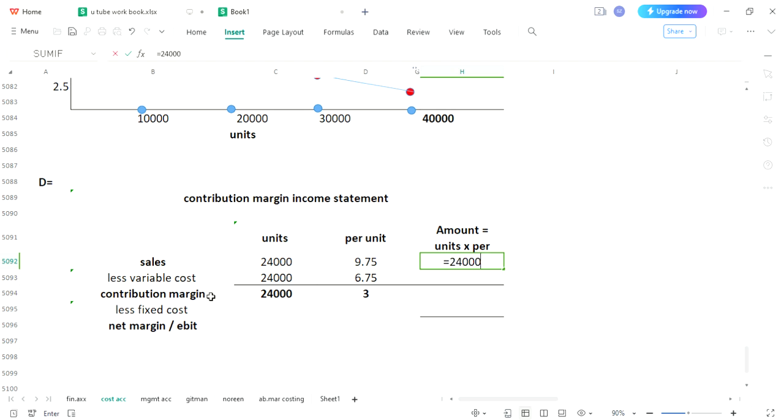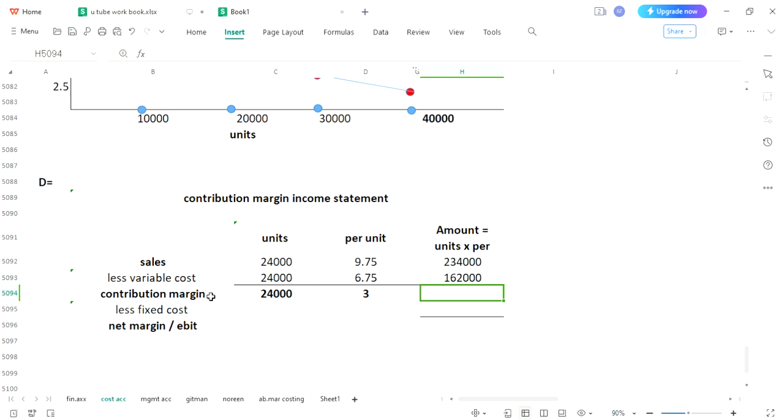Units are 24,000, per unit sale price is 9.75, so we have our total sales. Now we calculate total variable cost: 24,000 multiplied by 6.75 per unit variable cost. We have got total variable cost and total sales.